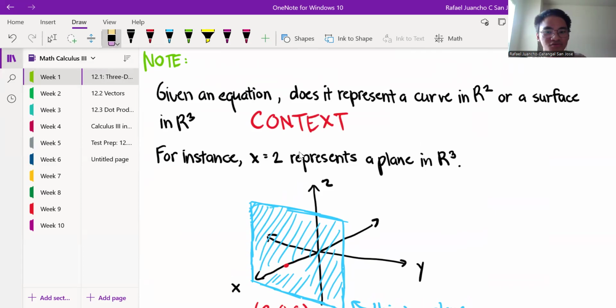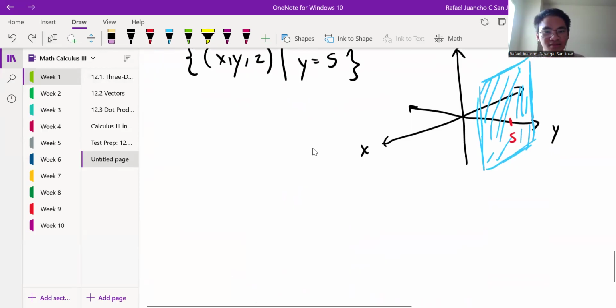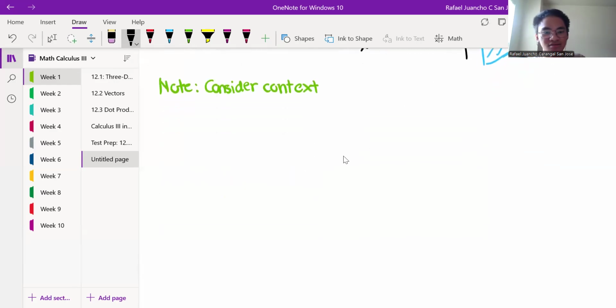Because when we say x equals 2 in R squared, x equals 2 is a vertical line. So we want to consider context. Let's add the note here, because this is confusing if we don't give enough context, right? So we want to consider context when we're making these equations.